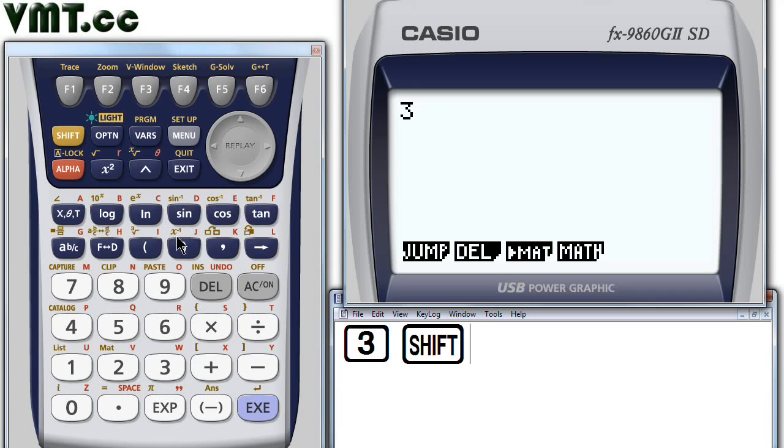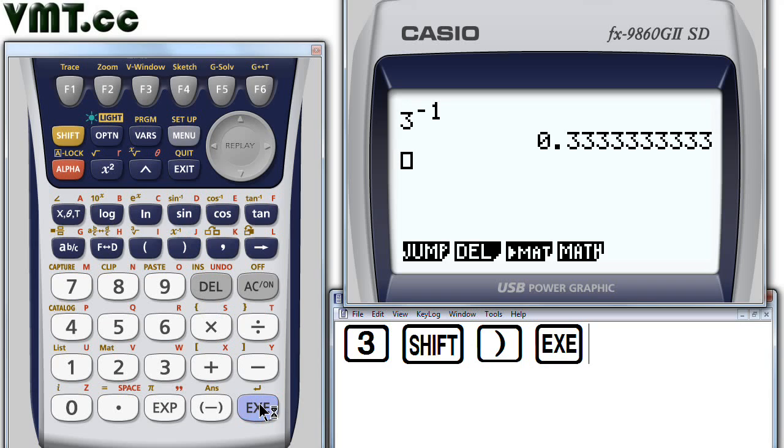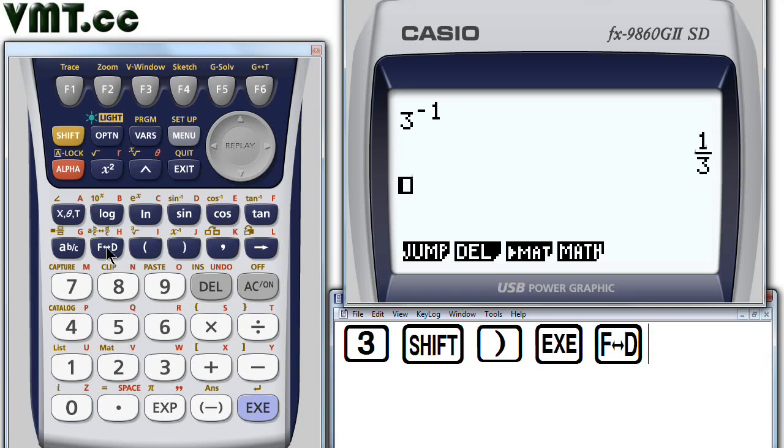Above it, there's your x to the negative first power, which stands for the reciprocal. And finally, execute. Let's go ahead and change this into a fraction by pressing the fraction decimal conversion key. The answer is 1/3.